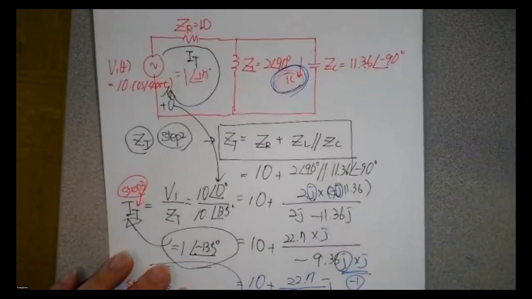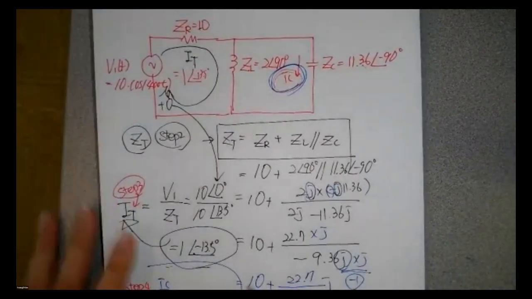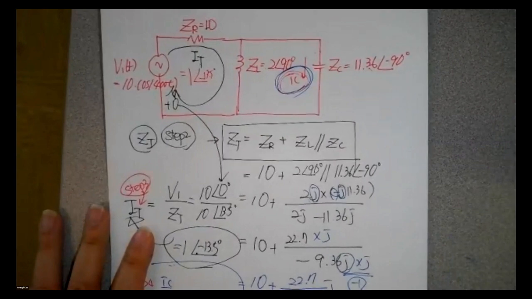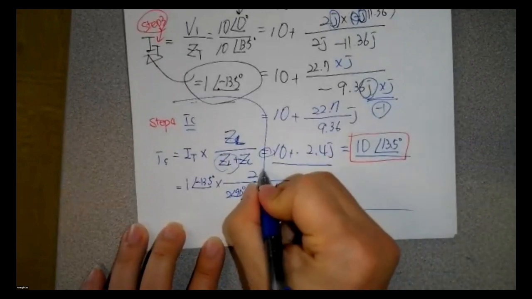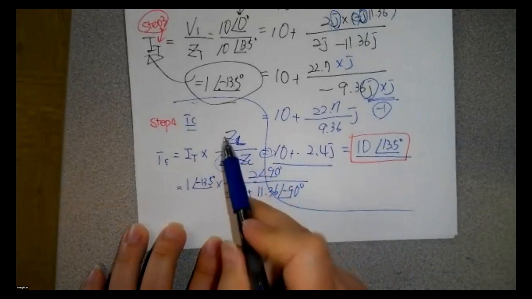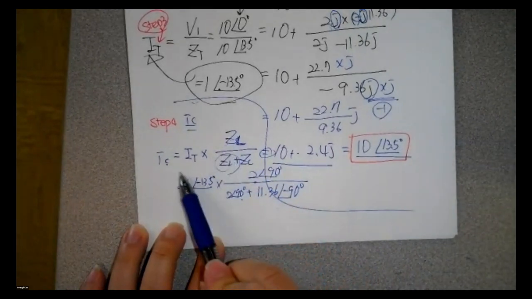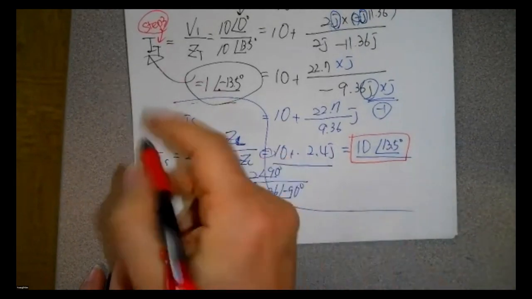Okay, so 11.36 at minus 90 degrees here. Oh, I'm sorry, that's right there. And then 2∠90, because this is Y. This is the formula.